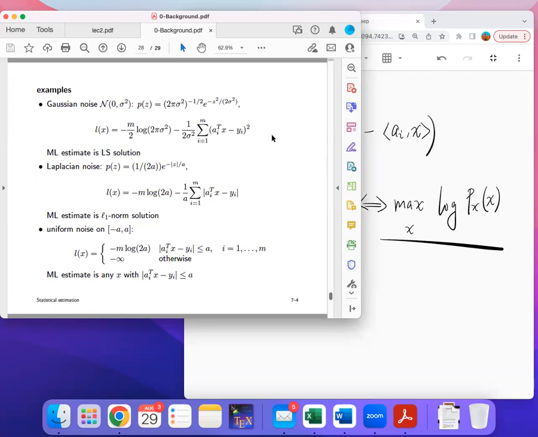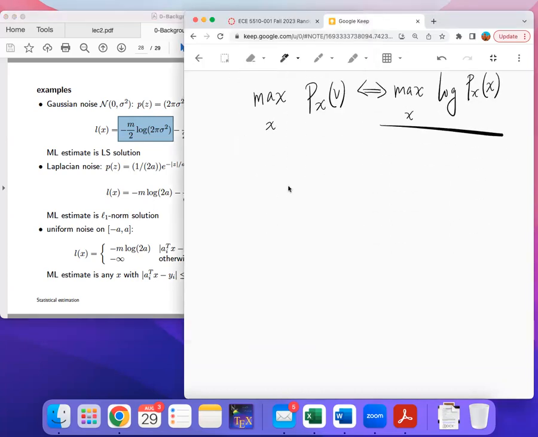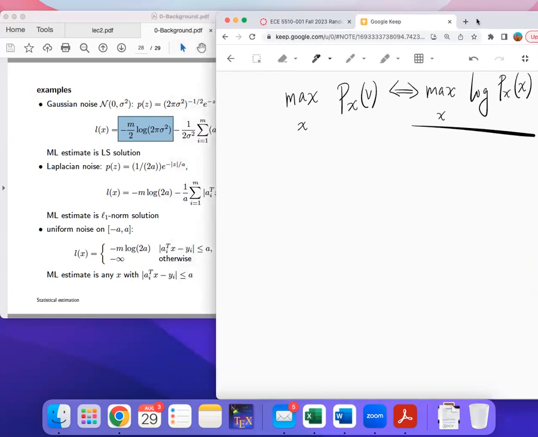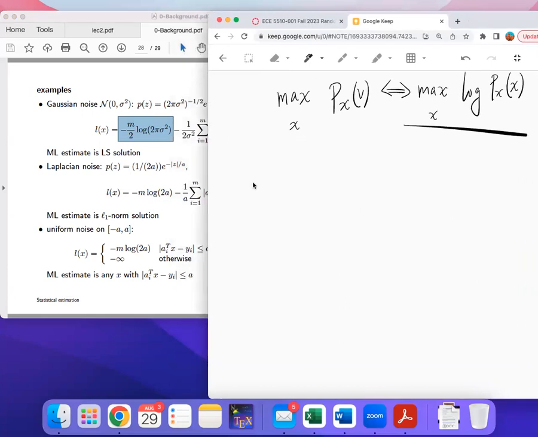Okay. And we are trying to maximize this objective function over x, right? You can see the first term has nothing to do with x, so it's going to be a constant. It only depends on the variance of the noise, so we can ignore it. We only need to maximize over the second term.